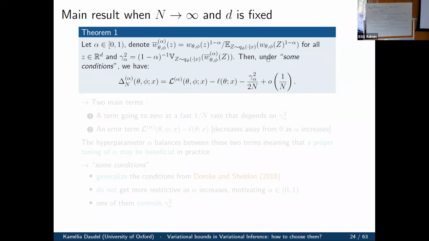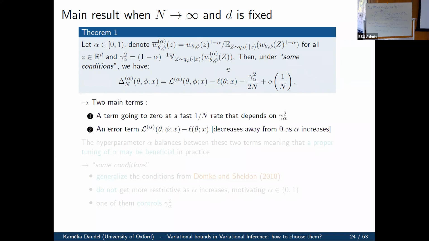So then under some conditions, which I will come back to in a minute, I can write my variational gap as this expression. Okay, let's unpack this expression together. There are two terms. There's this term, which is minus gamma alpha squared divided by 2n, which resembles a lot the one that we saw before, and which is going to decrease at a fast 1/n rate, and which will depend on this gamma alpha squared.